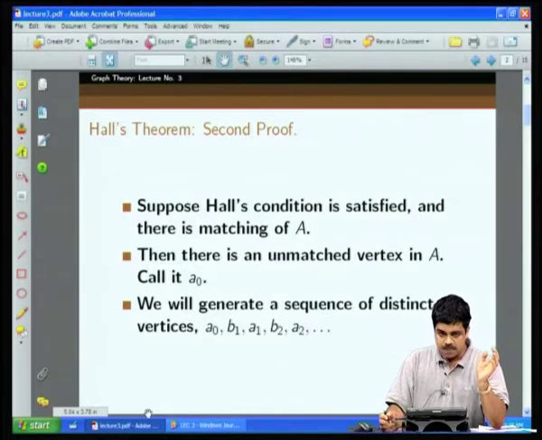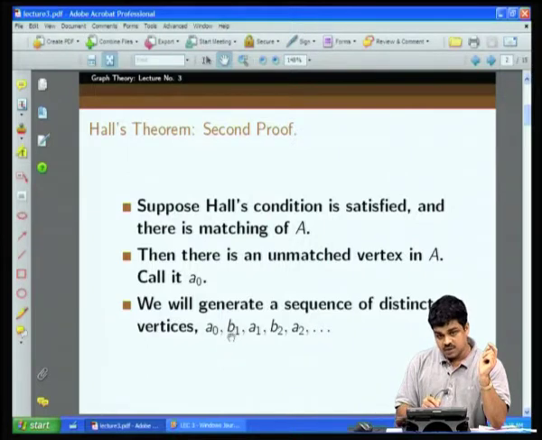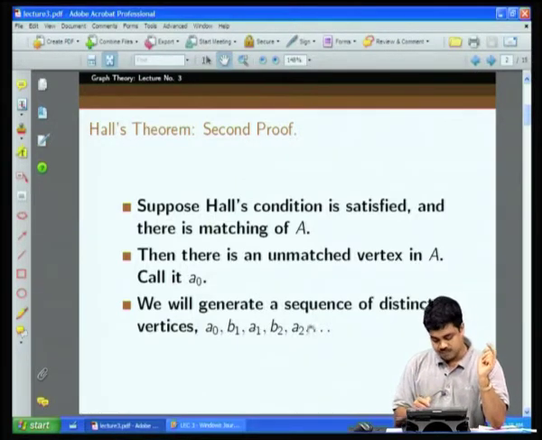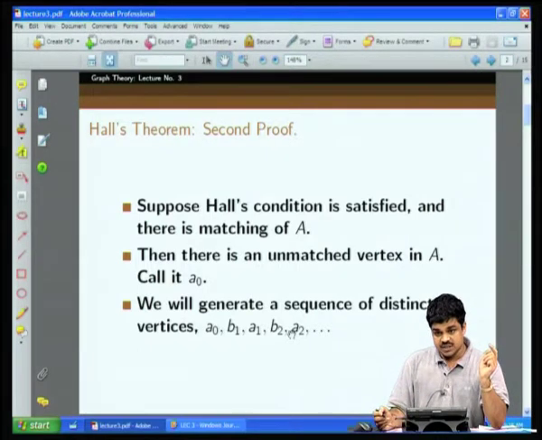So, our plan is to construct a sequence of vertices, say A0, B1, A1, B2, A2, like that. A0 from the side A which is unmatched, B1 from the side B which is matched, which we will make sure that it is going to be matched, then A1 from the side A, B2 from the other side, A2 from this side, a sequence of vertices which are distinct.